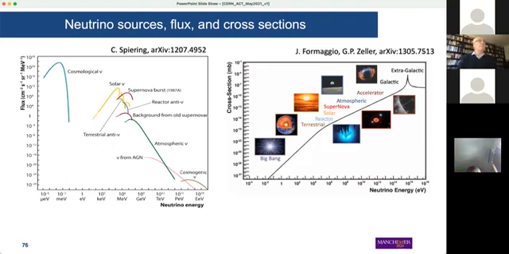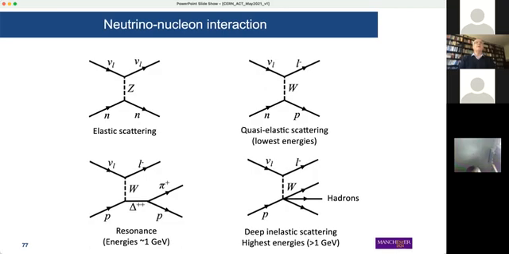So this is about the problem with the cross sections, because that's something we obviously have to understand. And again, on the left is just the flux of neutrinos, and on the right are the cross sections. But the typical region we talk about for these experiments is in the GeV range. So the kind of processes we have to understand there are these.